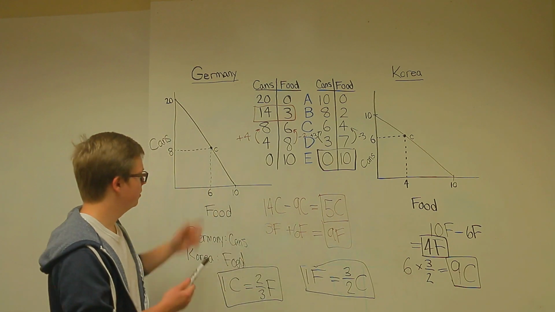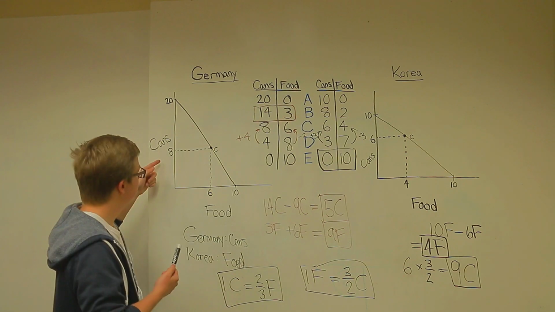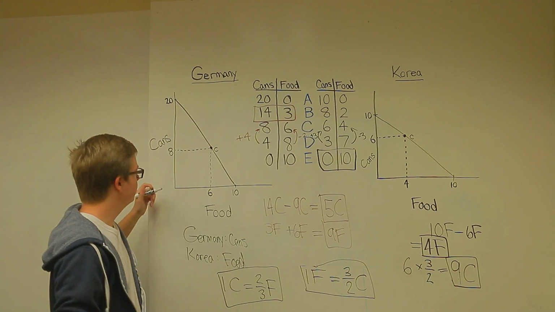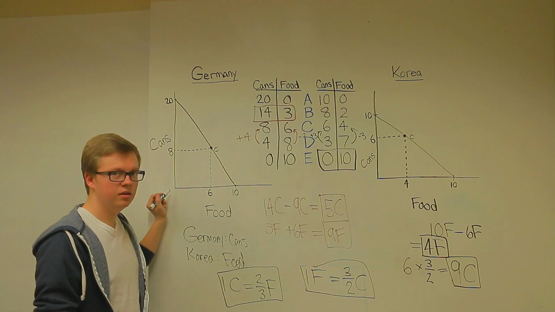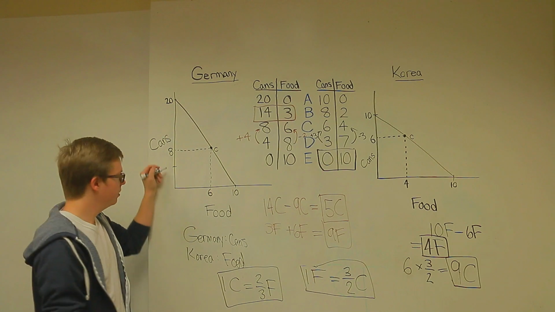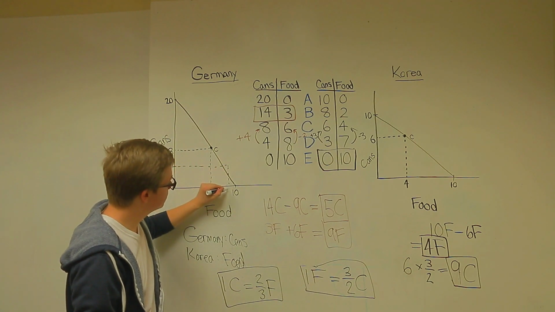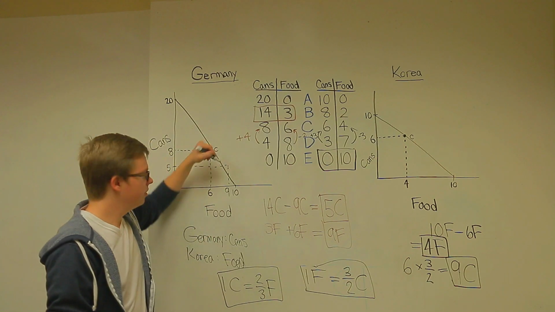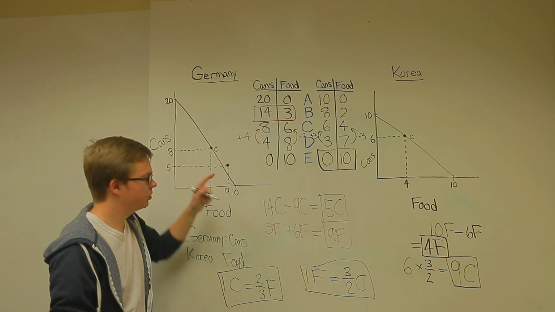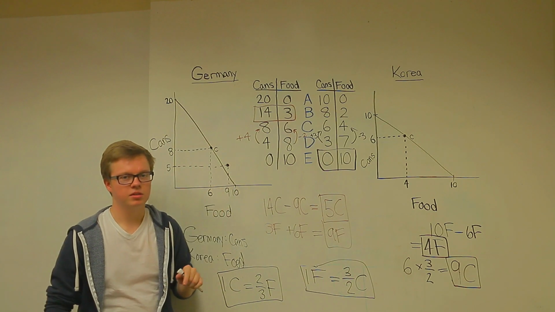So what does that look like on the production possibilities curve? Okay, for Germany, 5 cans is somewhere about here, and 9 units of food looks like it's somewhere about here. Germany, you can see, after trading with Korea, ends up outside of their production possibilities curve.